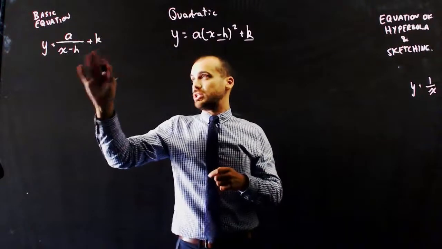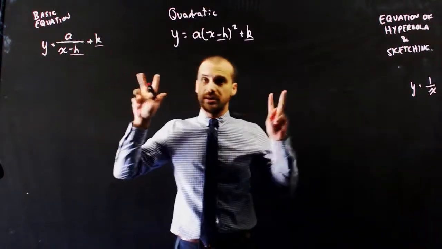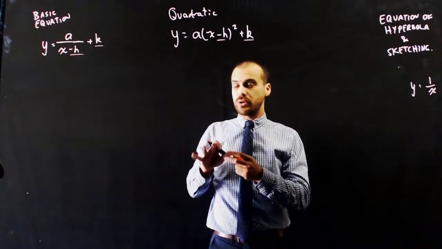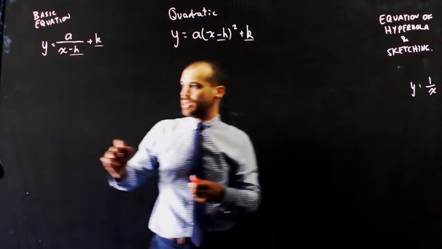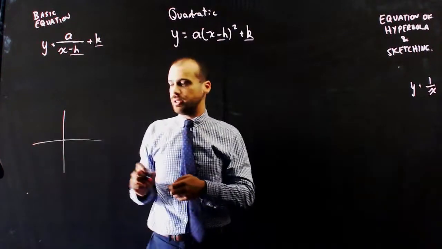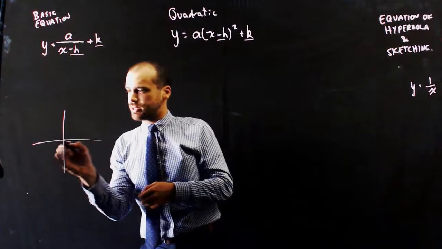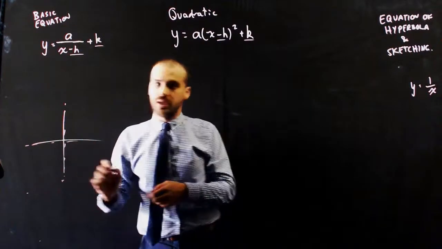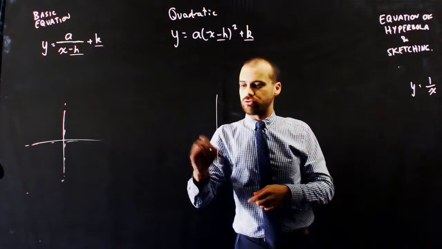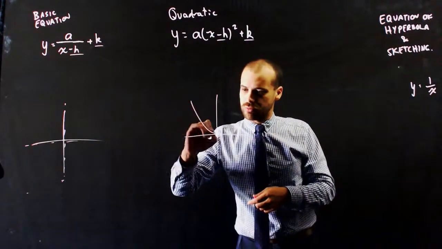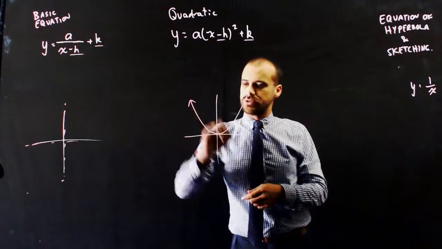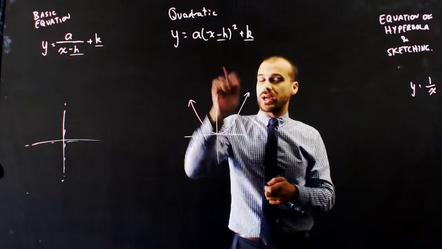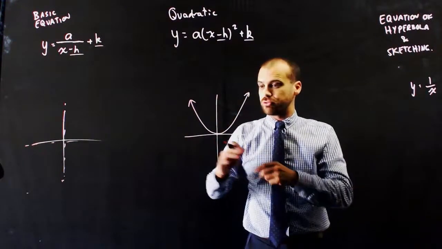Similarly, h and k are going to affect the middle point of our hyperbola. So, if my original hyperbola had asymptotes at x equals 0 and y equals 0, and my original quadratic has a turning point at 0, 0, think about what the h value does for our quadratic.